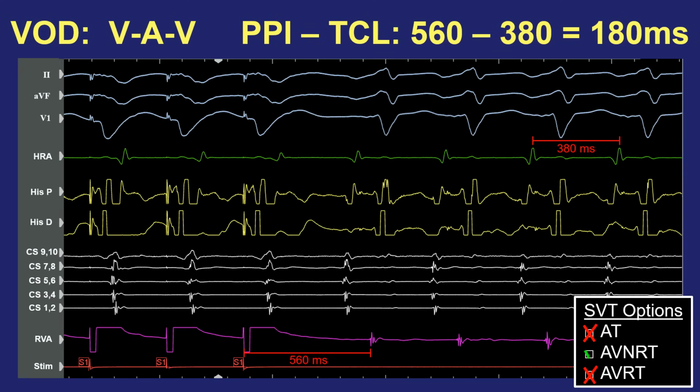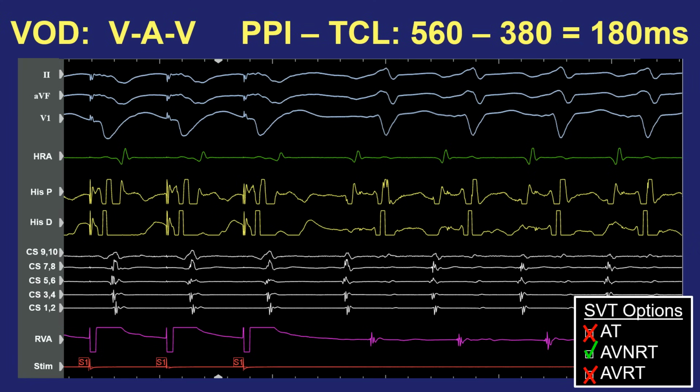So here we can cross off AV-RT, and from this one maneuver, we've now made the diagnosis of AV-NRT. And again, in this case, it is the uncommon form or the atypical form of AV-NRT with a long VA interval because you're going up the slow and down the fast. But nonetheless, with this one maneuver, this still works, and we've been able to rule out two of the three mechanisms and definitively make the diagnosis of AV node reentry, and you can proceed with ablation.